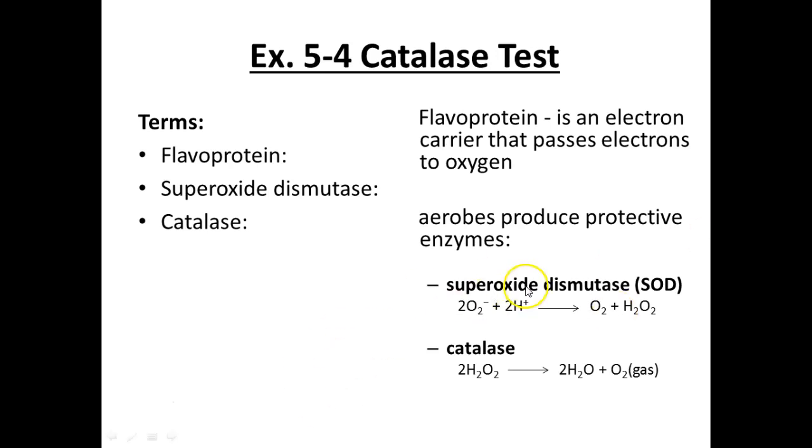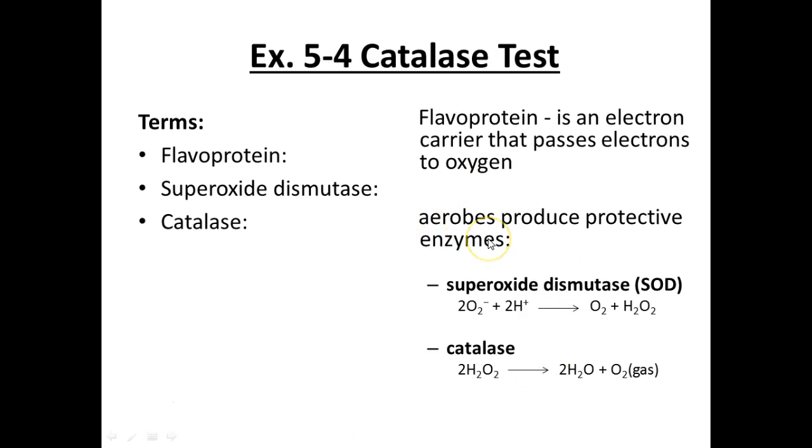So superoxide dismutase is the enzyme that will convert that superoxide radical, that highly charged oxygen, into safe oxygen and hydrogen peroxide, which is another thing that can sometimes be formed from the electron transport chain. So we have another enzyme that can now take hydrogen peroxide, which is still quite damaging, just not quite as damaging as the superoxide, and convert it into water and gaseous oxygen, and that's why we get the bubbling.